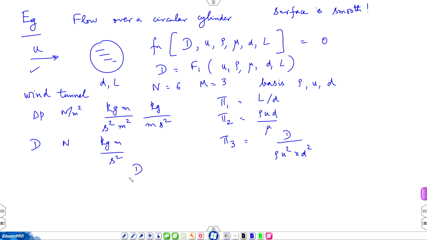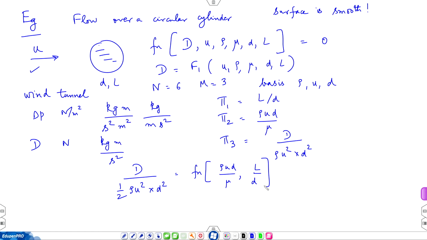So, rho u square we substitute as half rho u square is equal to some function of rho u d over mu and L over d. So, this cylinder is kept normal to the plane of this blackboard. If the flow is uniform in that direction, then if you double the length, the force also will double.